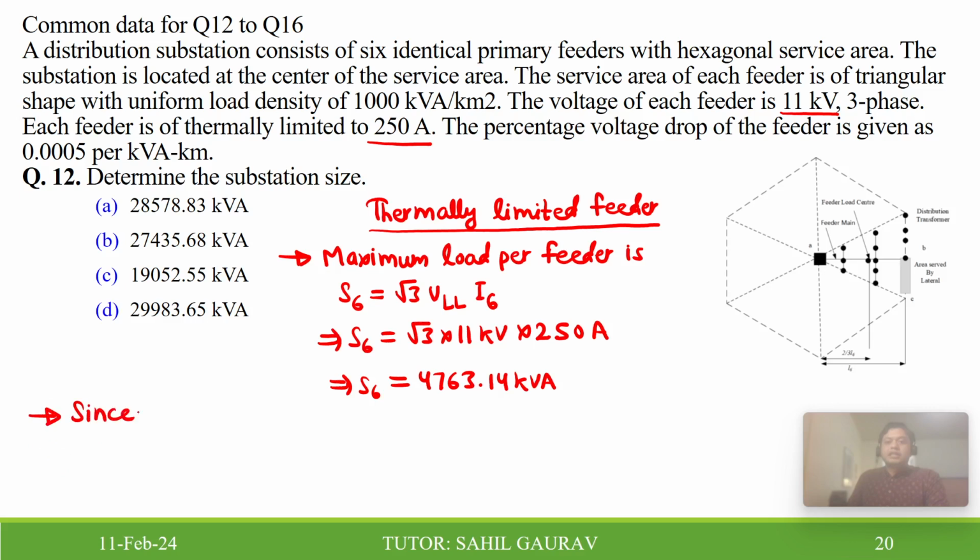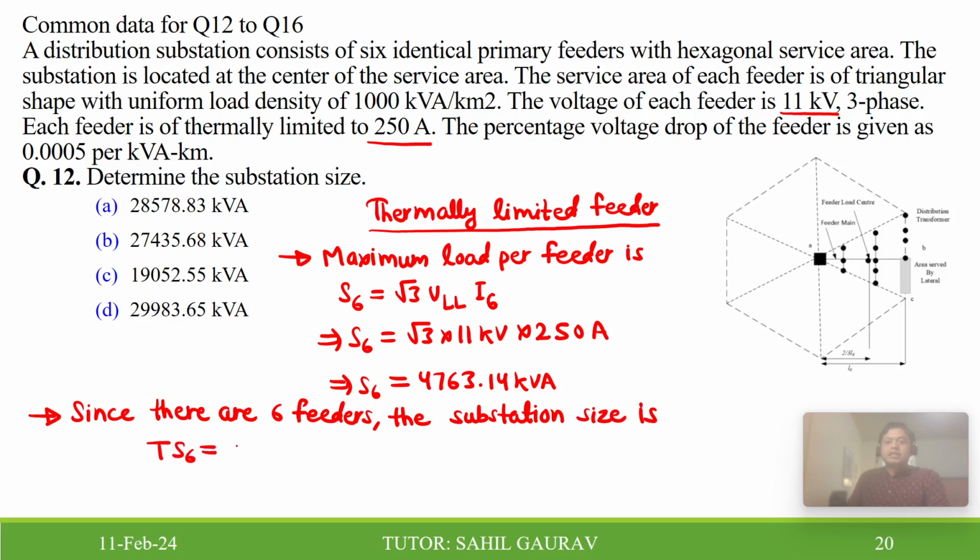Since there are 6 feeders, the substation size TS6 is 6 times S6, 6 into 4763.4 kVA.